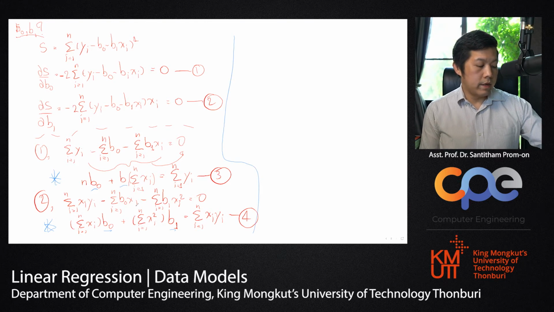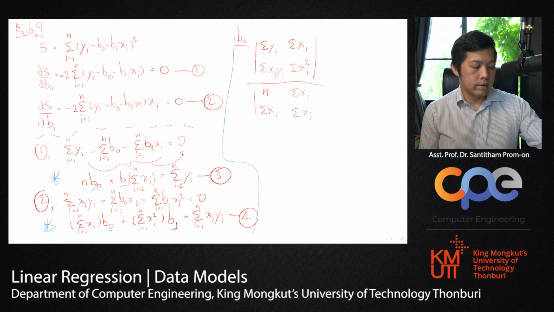So for b0, I will use Cramer's rule. Hopefully you remember that from your old classes. Sigma of yi, sigma of xi yi, and sigma of xi, sigma of xi square, divided by n, sigma xi, sigma xi, sigma xi square.